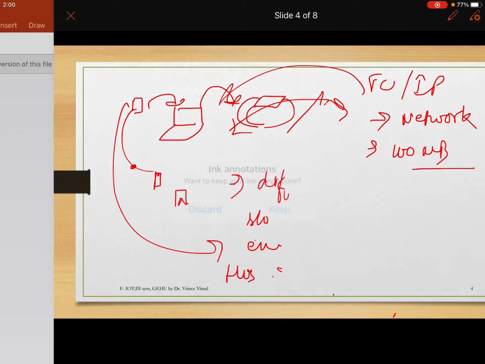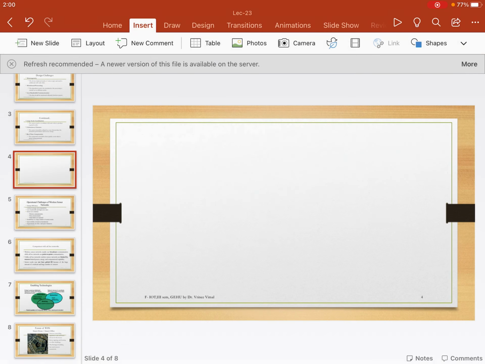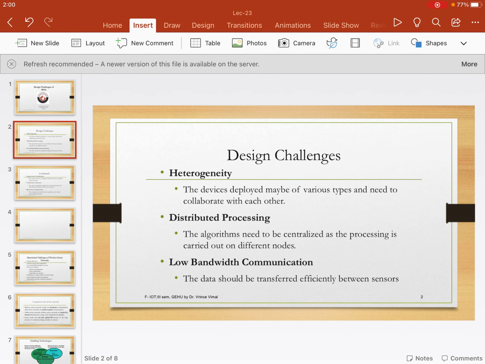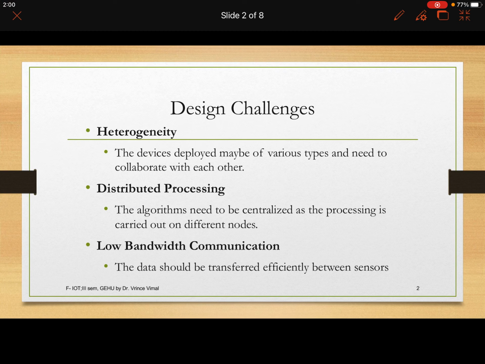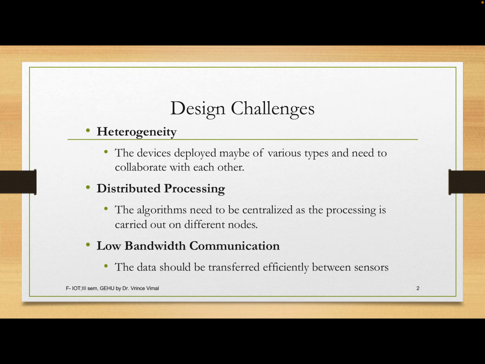Heterogeneous is basically a network that incorporates various devices and entities of different energy, processing and storage capacity, which forms a network known as a heterogeneous network.